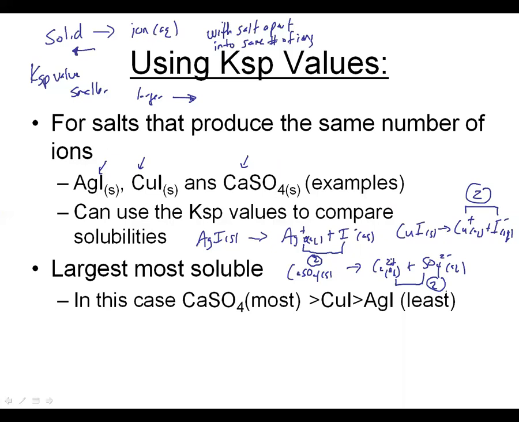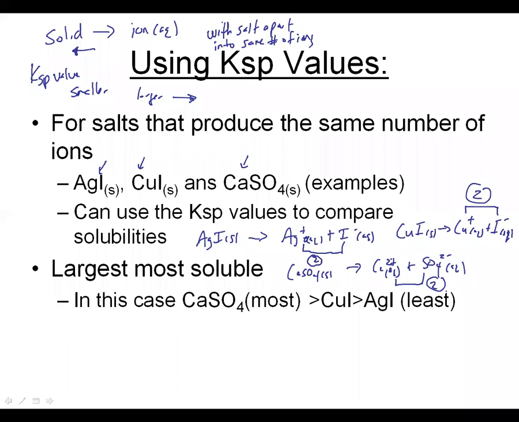And because of that, we can directly use the Ksp values to compare them. If we looked up that table, we would find that calcium sulfate is the most soluble of those three, and silver iodide is the least soluble.